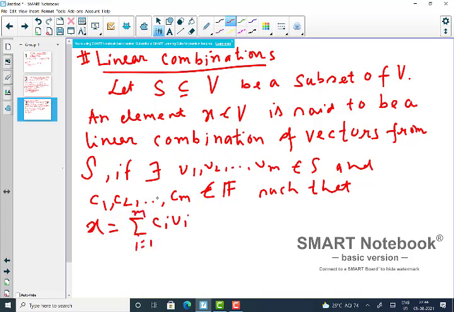Then you say that x is a linear combination of vectors from S, and in particular of v1, v2, up to vm. This is the definition of linear combination.